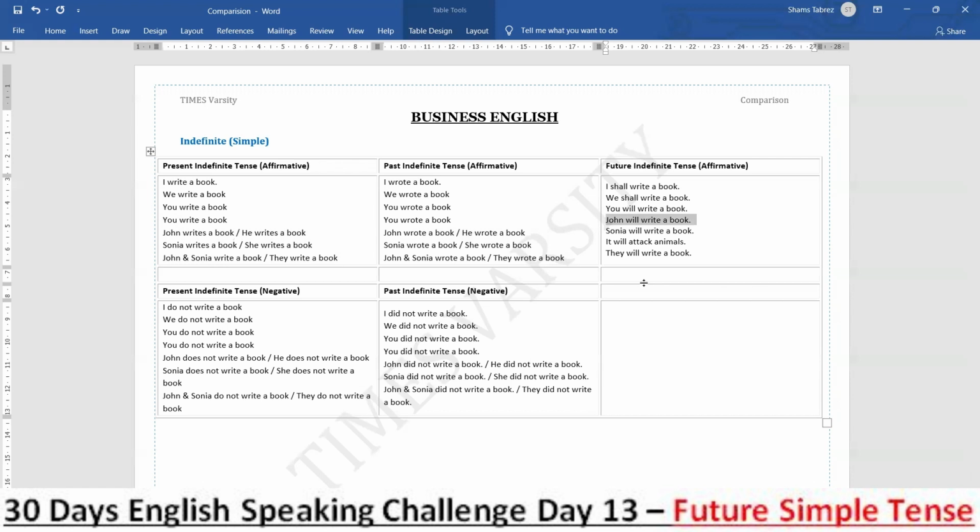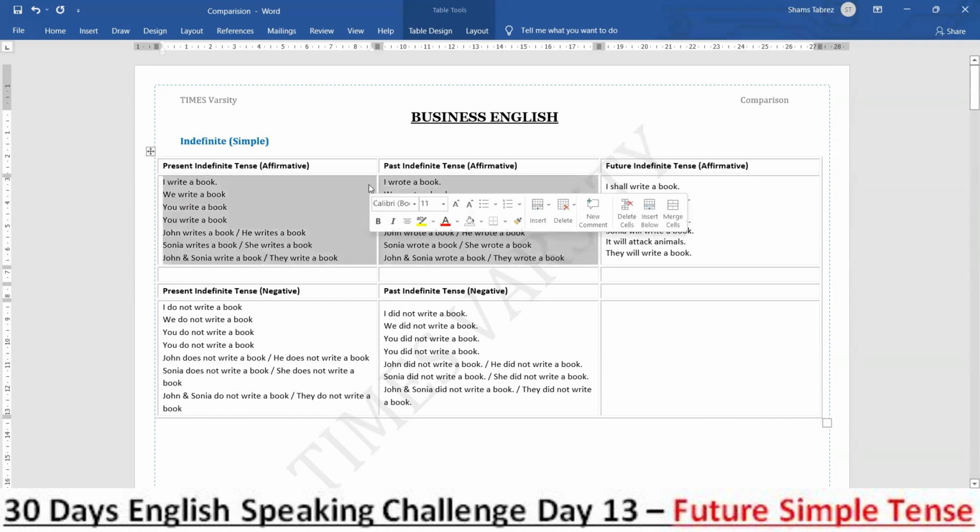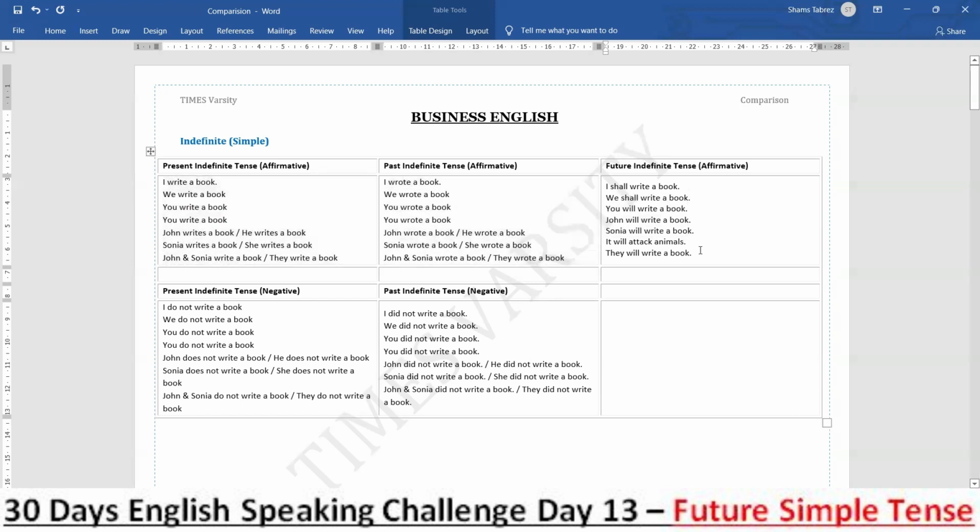You see, what is the difference here? Here the first form of the verb is used without any helping verb, and in past indefinite the second form of the verb is used. Write is the first form. Wrote is the second form of the verb without any helping verb. But in future, the first form of the verb is used with a helping verb.